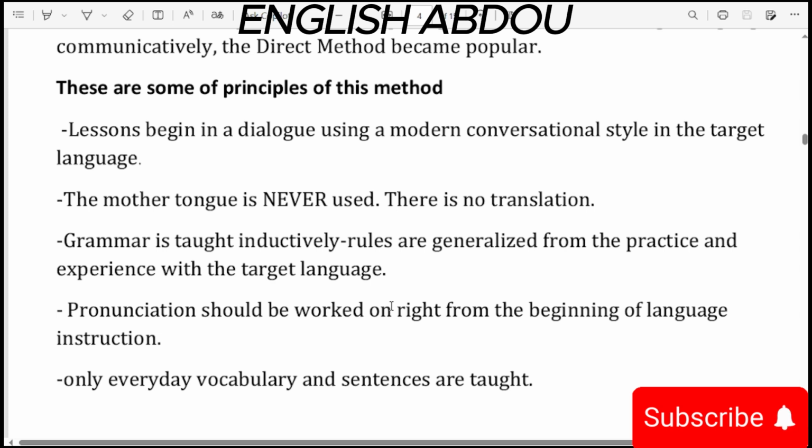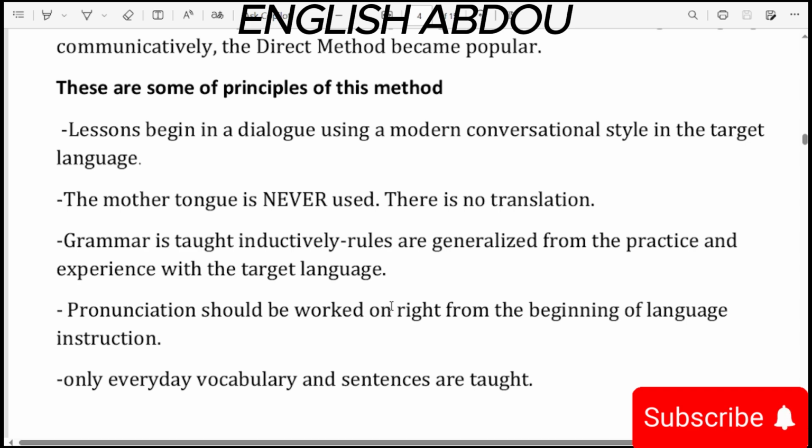For example, when a teacher comes to the class, he starts: hello students, hello teacher, etc. He gives them a dialogue about anything in order to get started on a lesson, and never uses the mother tongue in the class.